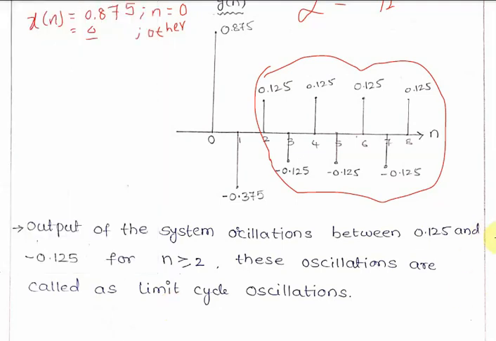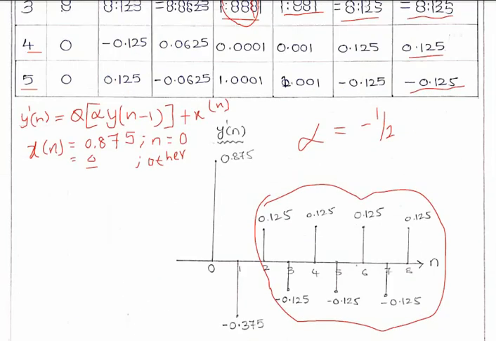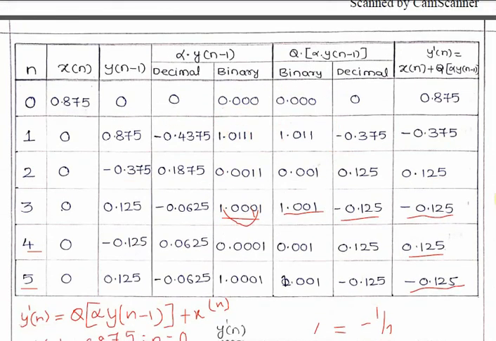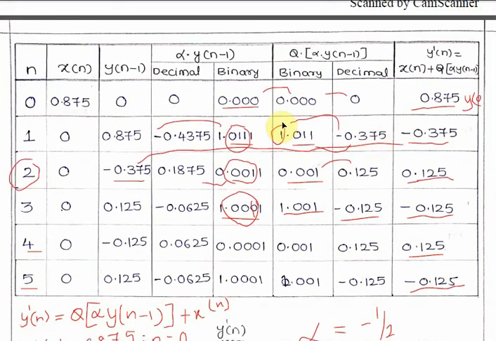By using this table, we can get the definition of limit cycles. This equation is the recursive system equation.